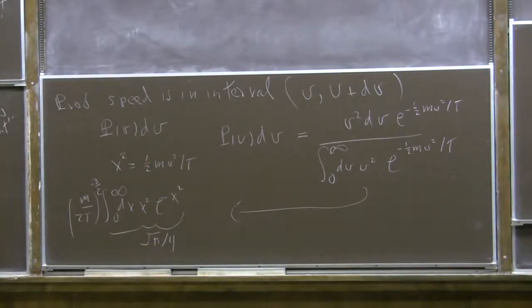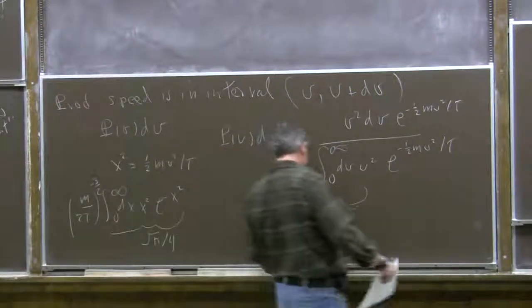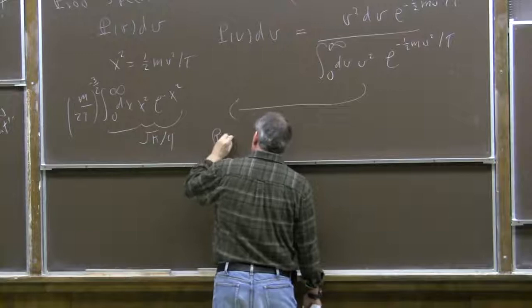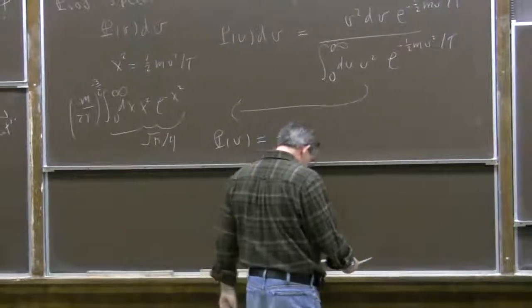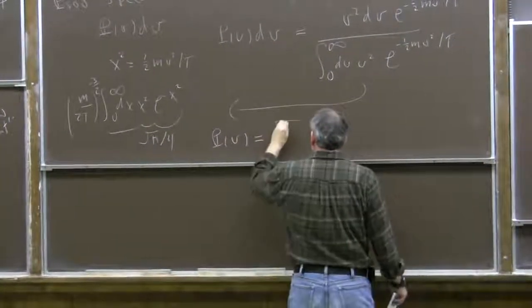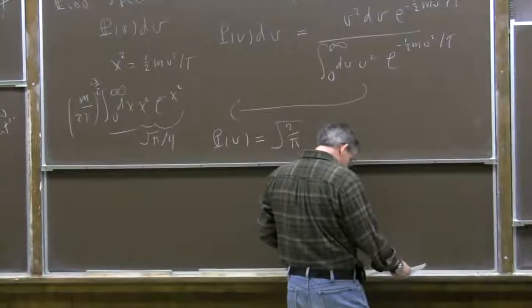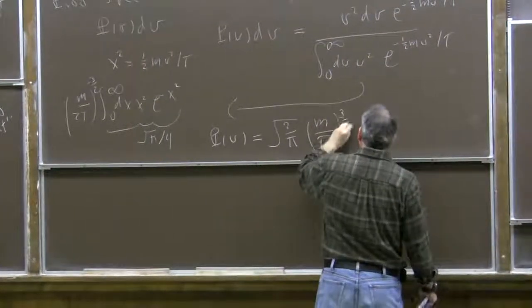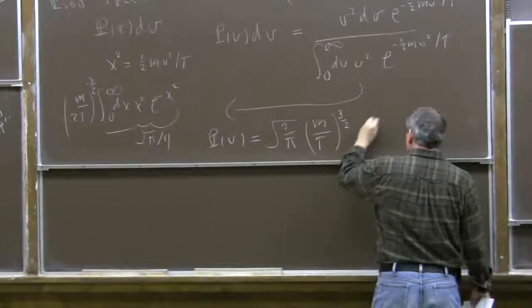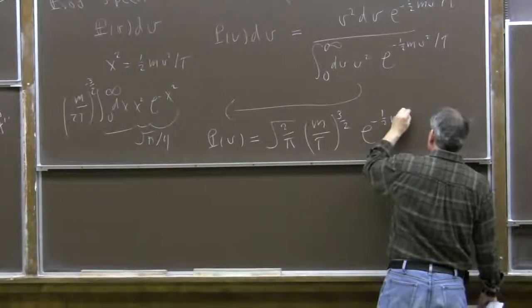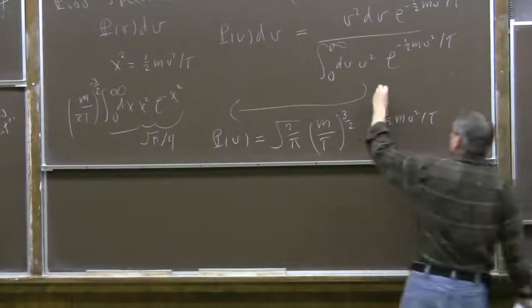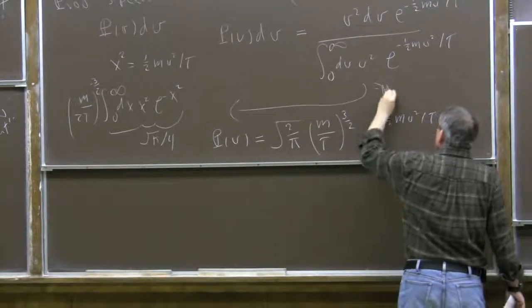And so when we divide by that factor, the conclusion is that the probability distribution for speed is the square root of 2 over pi, 3 powers of m over tau, v squared, e to the minus 1 half mv squared over tau. So that's called the Maxwell distribution of velocities.